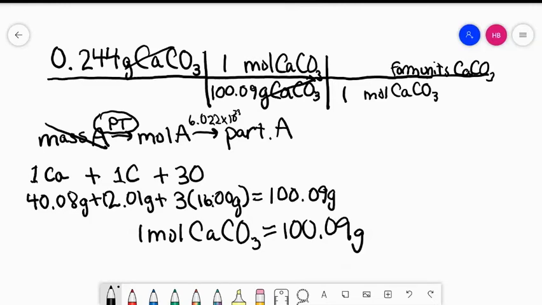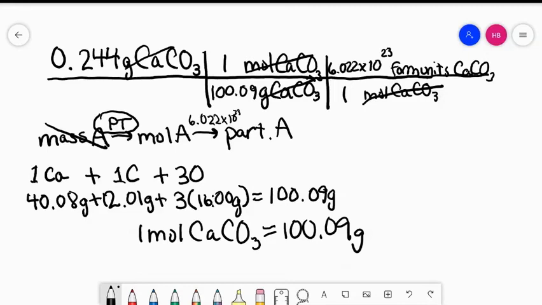The word mole always goes with the number 1. This big giant number, 6.022 times 10 to the 23rd, never goes with any other unit besides the ones in that particle box, which is atoms, ions, formula units, or molecules. So I'm going to put 6.022 times 10 to the 23rd with formula units. This allows me to cancel my units of moles, leaving me with formula units, which is what I was looking to find.